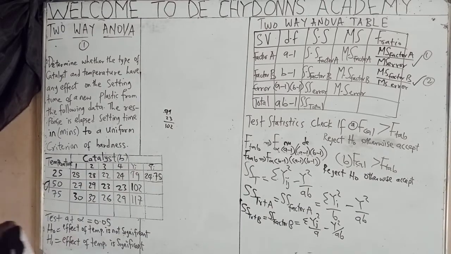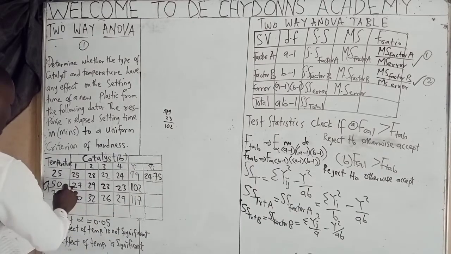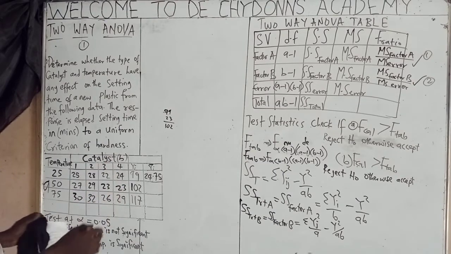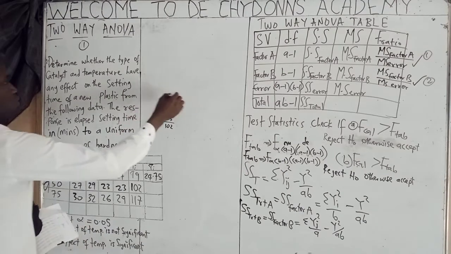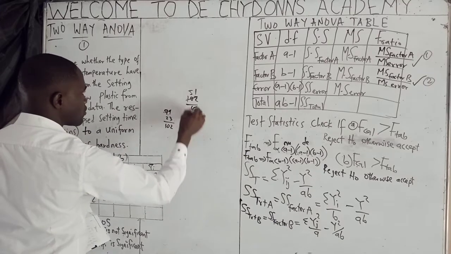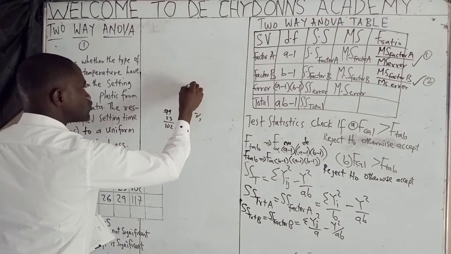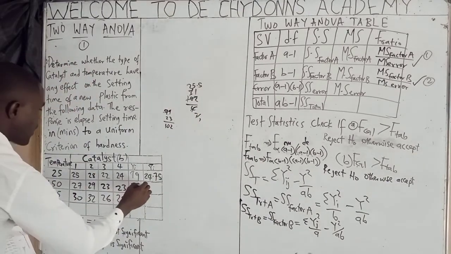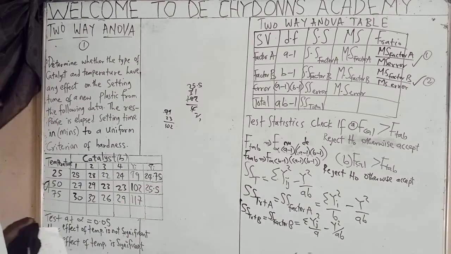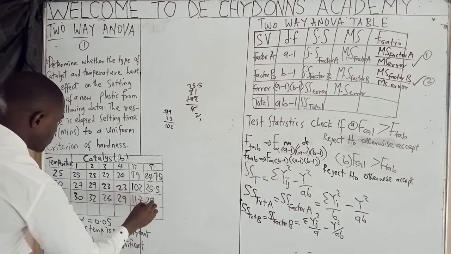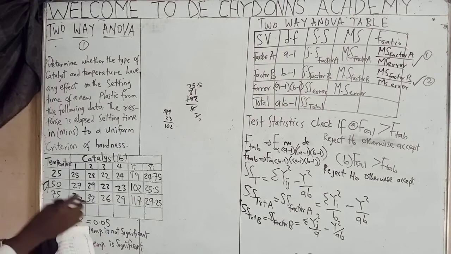Then 102 divided by 4 gives us 25.5. Then 117 divided by 4 gives us 29.25. Okay?